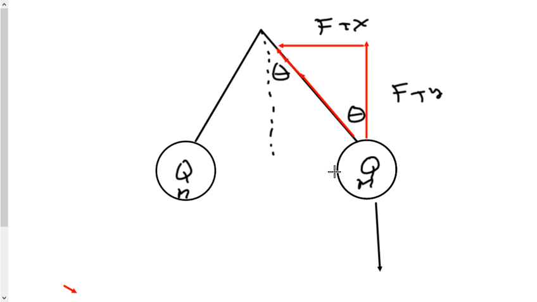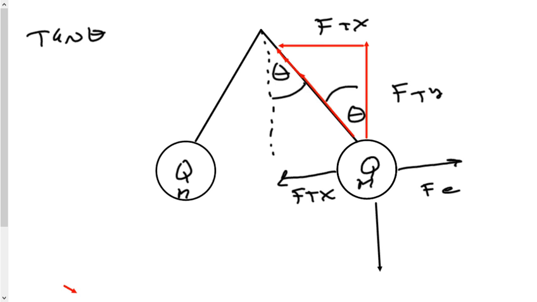So force tension X acting on this sphere must equal the force electric going in this direction here. Looking at this angle here, this angle equals this angle here, and we can use the tangent function. The tangent of theta is equal to opposite over adjacent, so tangent of theta is equal to the opposite, force tension X, divided by force tension Y. And what's force tension Y equal to?